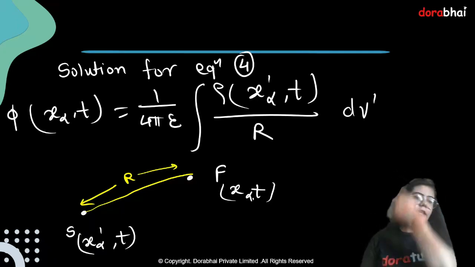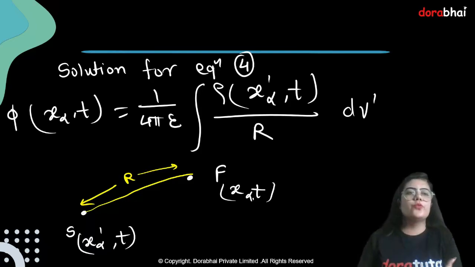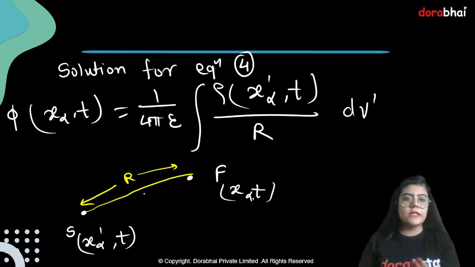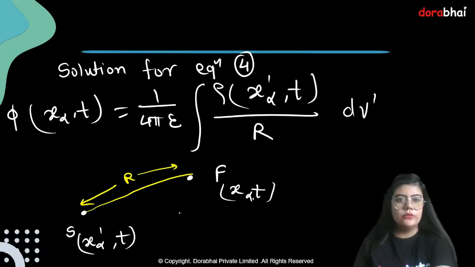So when we want to calculate the coordinates of this point, we use Poisson's equation. So we'll write down what exactly all the terms are.